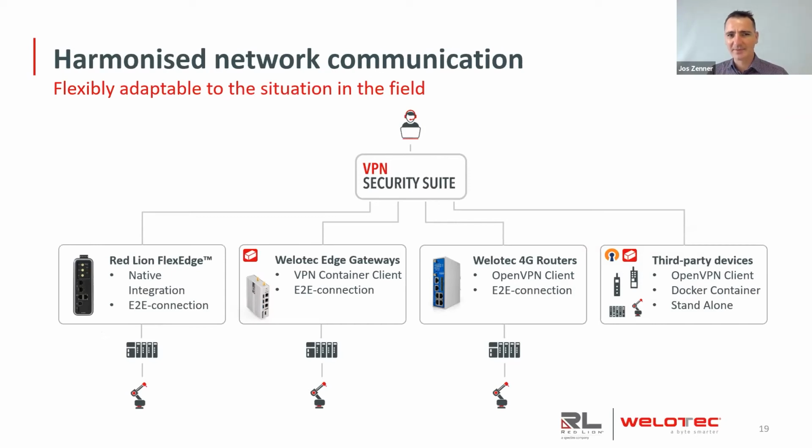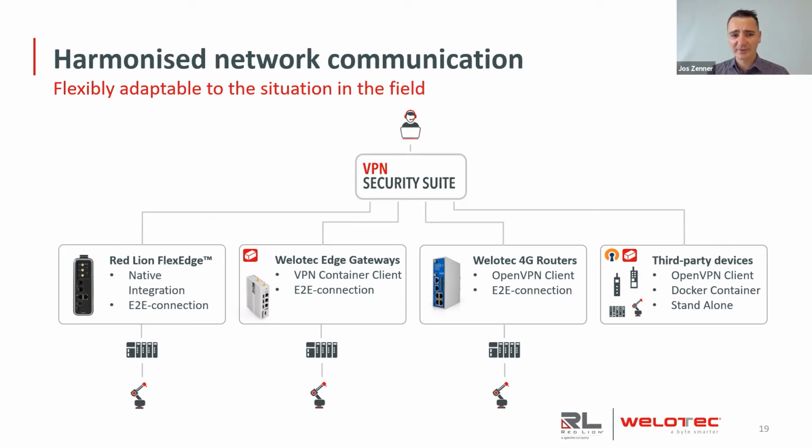So we talked about harmonized network communication and that it's functional across multiple types of devices. And this is a VPN security suite that allows you to connect over a standard OpenVPN, but also with native integration into the Lion FlexEdge, into the Welotec Edge gateways, with a VPN container client.